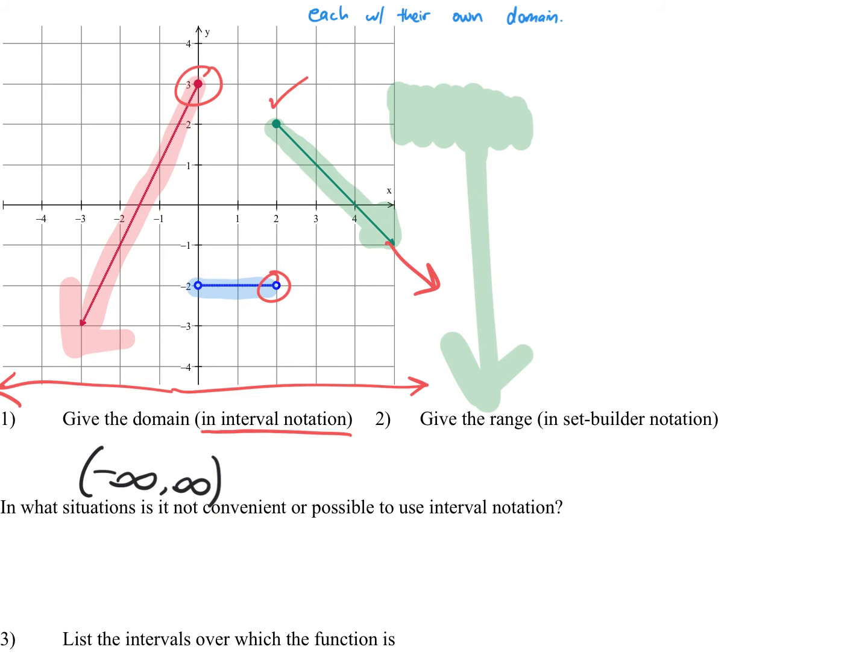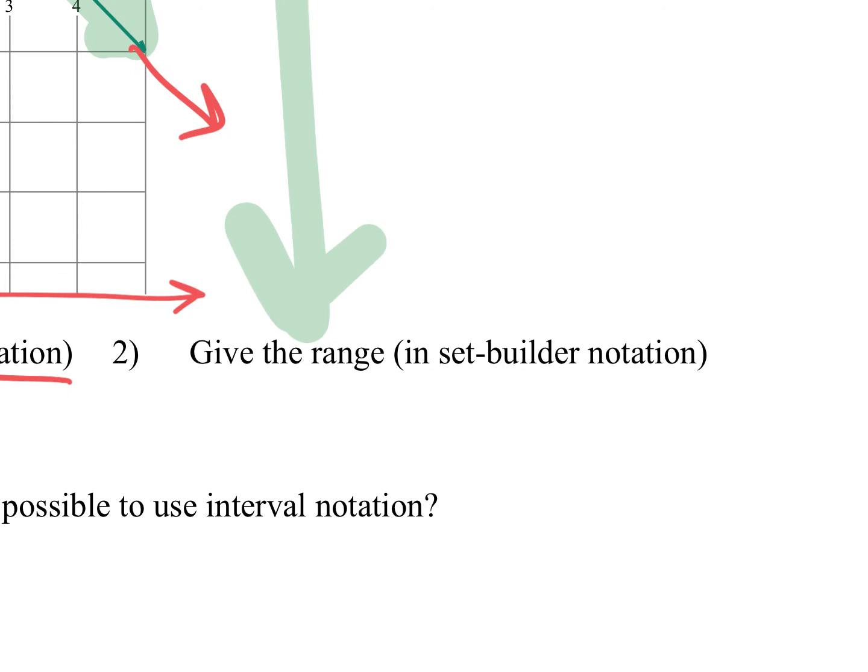So the way we do this in set builder notation is a little different. We use these fancy brackets. Let's write it first: the set of all y values such that y is less than or equal to 3.